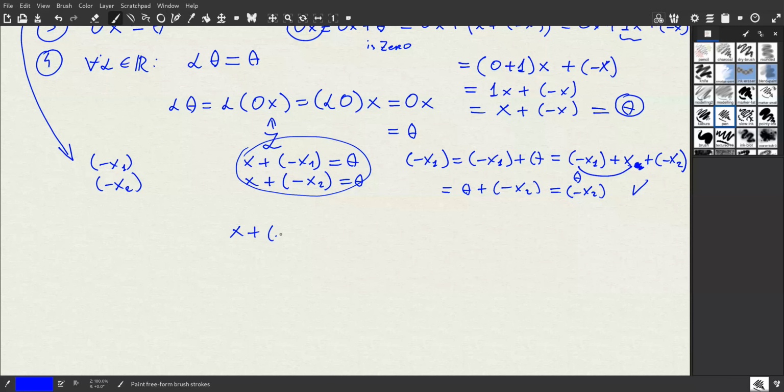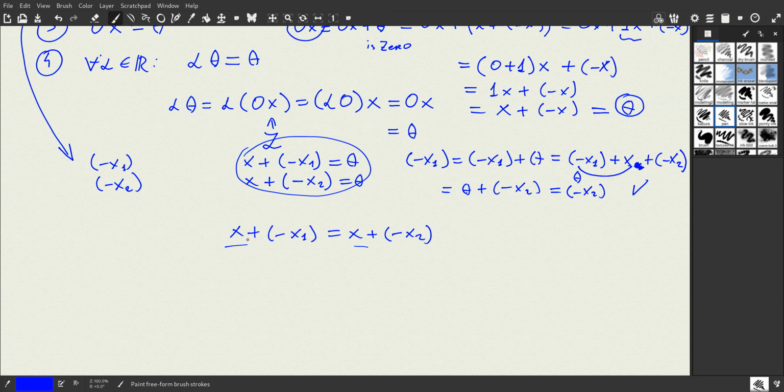X plus minus x1 equals x plus minus x2. And now we need to cancel x on the left and on the right. But when we do it in conventional algebra, in real numbers, we do it implicitly, because we add minus x to both sides.